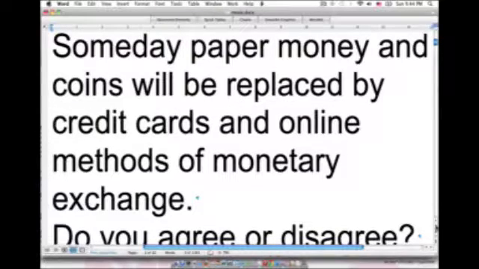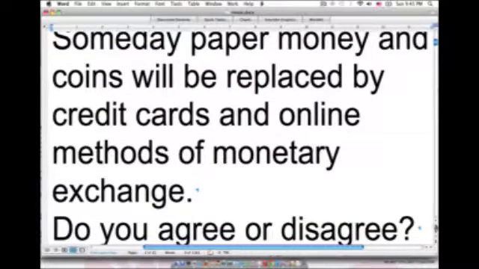The question reads, someday paper money and coins will be replaced by credit cards and online methods of monetary exchange. Do you agree or disagree? So the essay question is very straightforward.